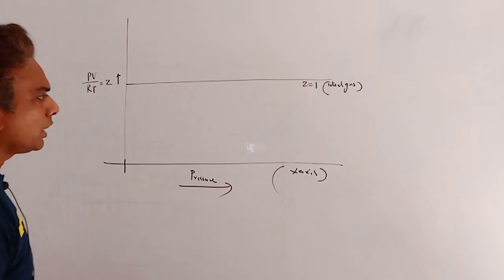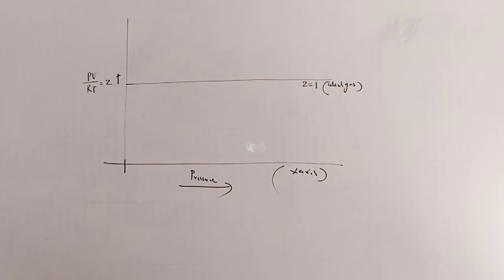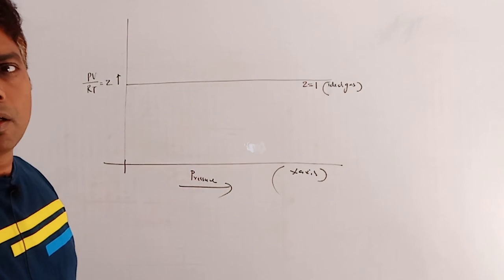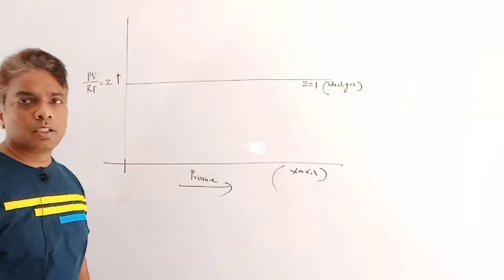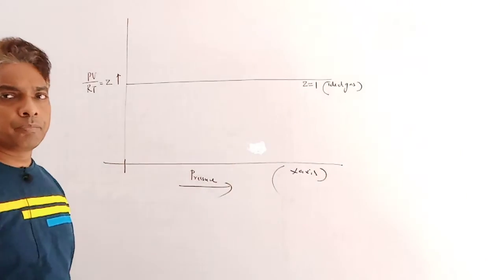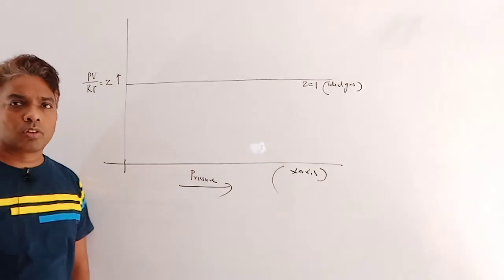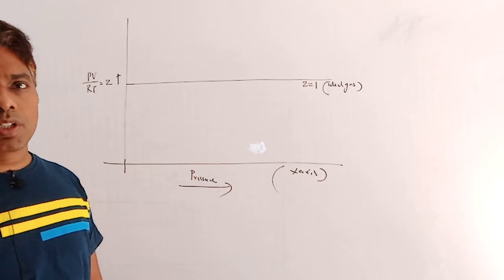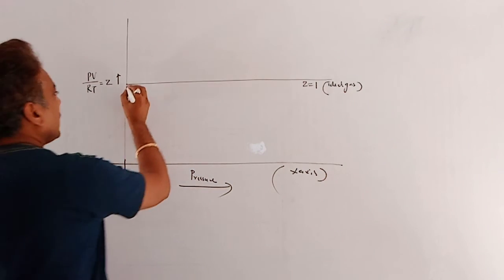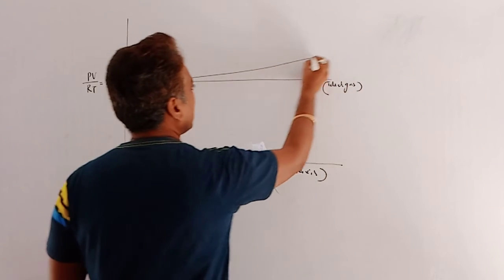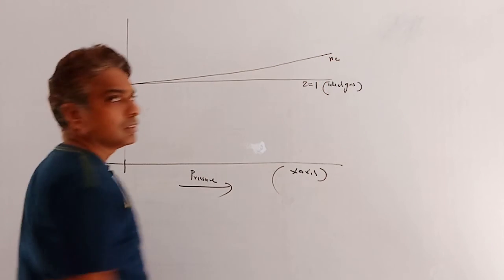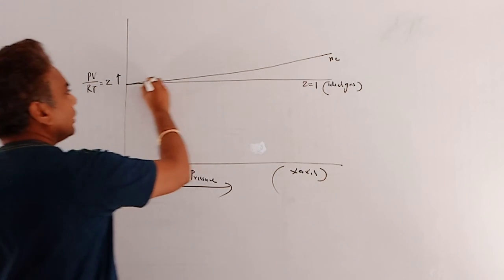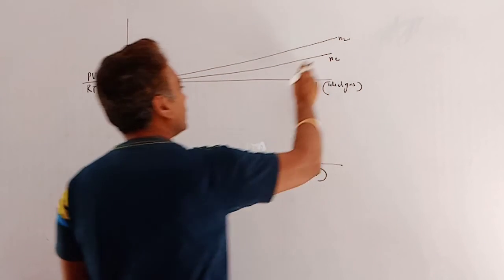But in case of real gas which is nearly ideal, for example hydrogen and helium, it is observed that in case of helium it will be this one, and in case of hydrogen it will be this one.